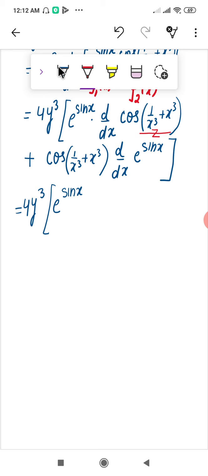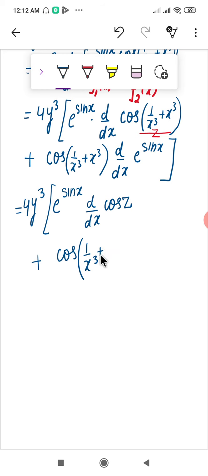So what we will write now? We will write d by dx and cos z, then plus sign as it is, cos 1 upon x cube plus x cube, d by dx of, and again the same trick.